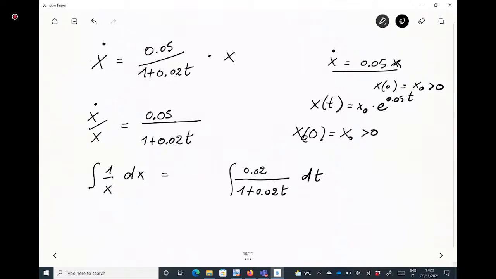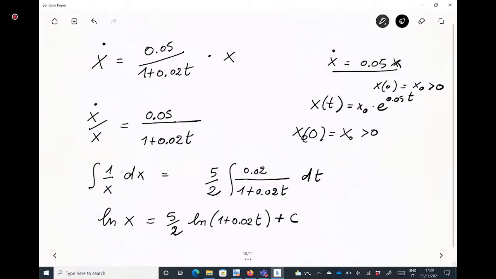5 over 2. This is the exact derivative of the log of 1 plus 0.02t. So the integrand is the derivative of the log of 1 plus 0.02t. Here we have the log of x is equal to 5 over 2 times the log of 1 plus 0.02t plus a constant.